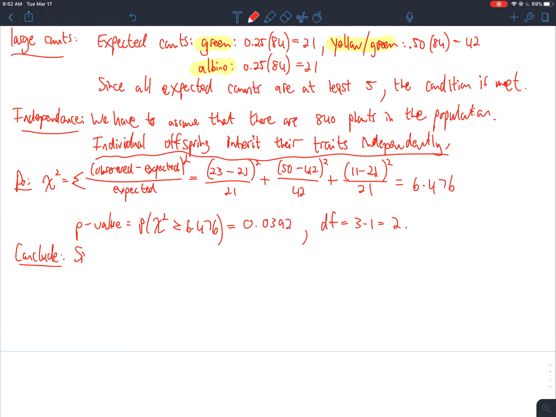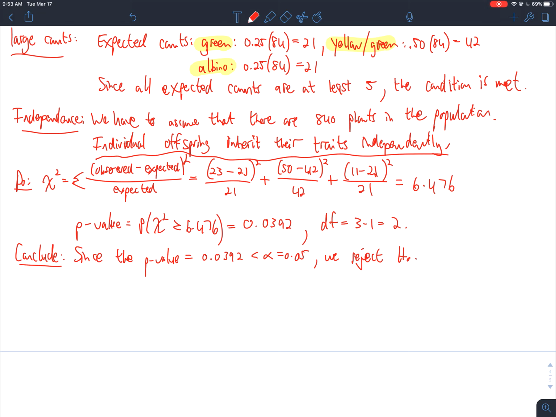and we say since the p-value, which is 0.0392, is less than alpha, which is 0.05, okay, we reject the null hypothesis.